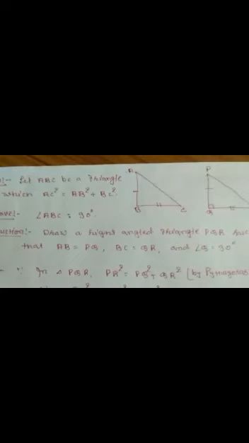In this theorem, we have to prove the angle opposite to the longest side of a triangle is a right angle.